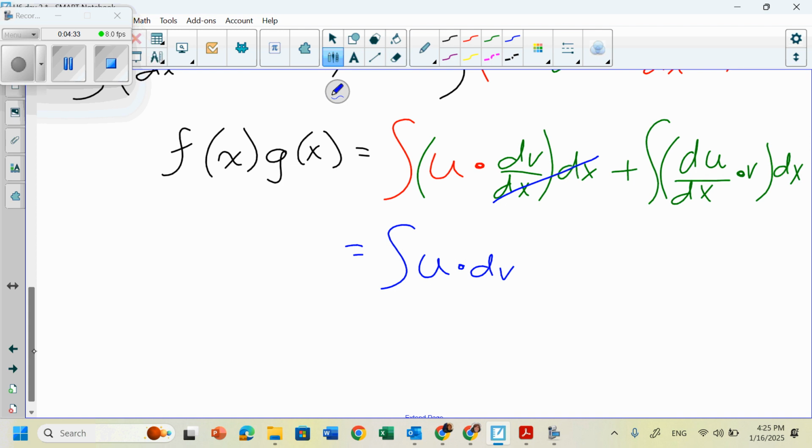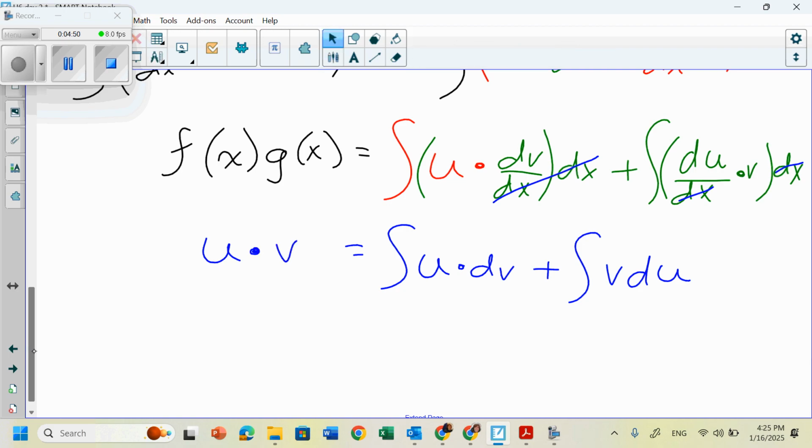Oh, but I'm going to change this so everything's now in u's and v's. This was u times v. I'm going to move things around so I only have one integral on one side. So I am going to move v du to the other side. So I have u times v minus the integration of v du equals the integration of u dv.